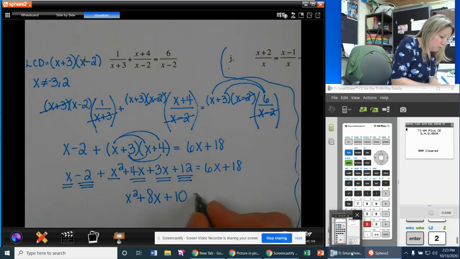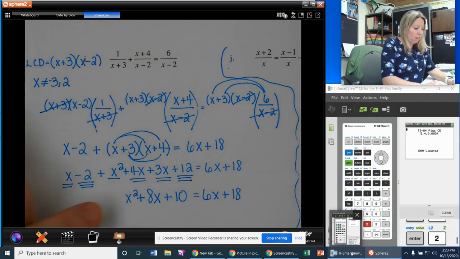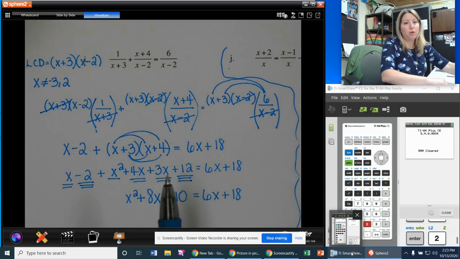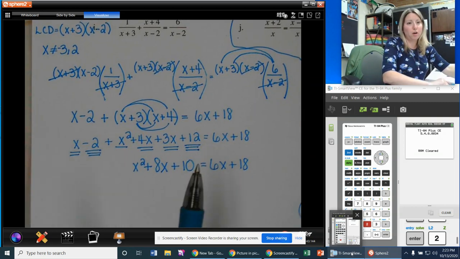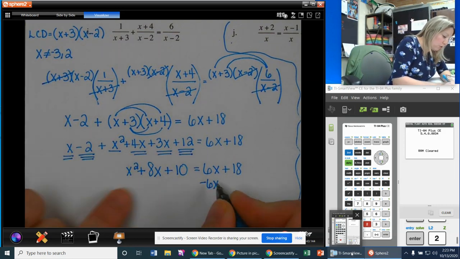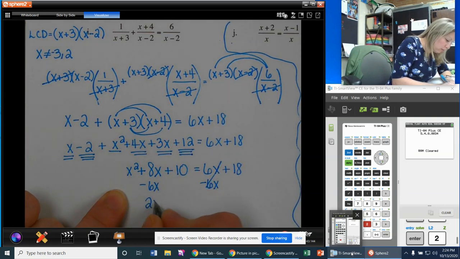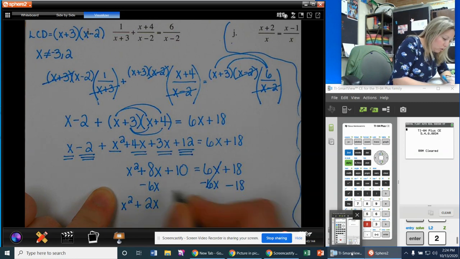Now bring down your equal sign. You got 6x plus 18 over here. Everything goes to be with the positive x squared. So if x squared is already positive, move the other stuff to be with it. So subtract 6x, we'll line up the like terms. That's a 2x, right? Subtract 18, we'll line up like terms.